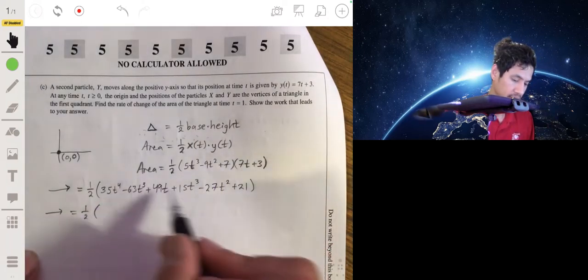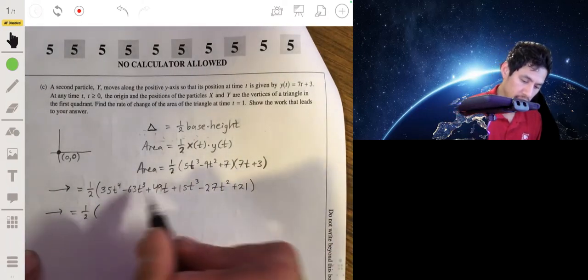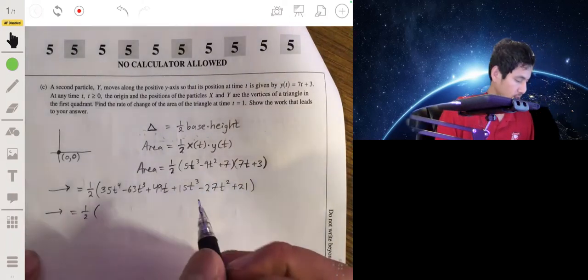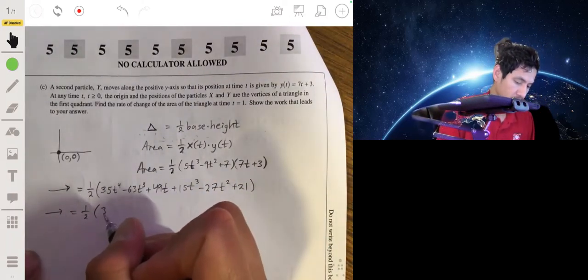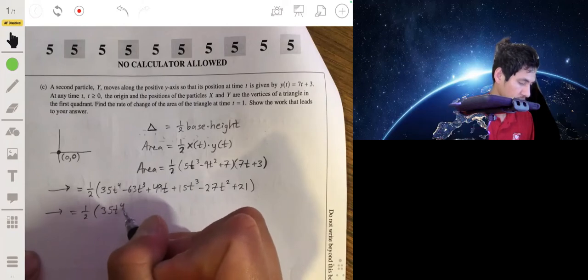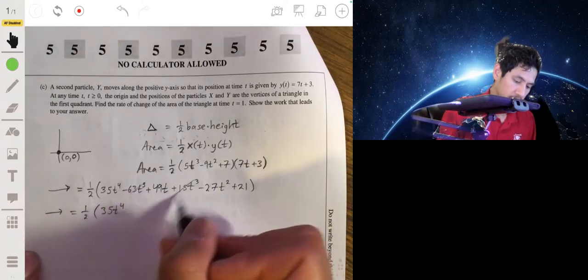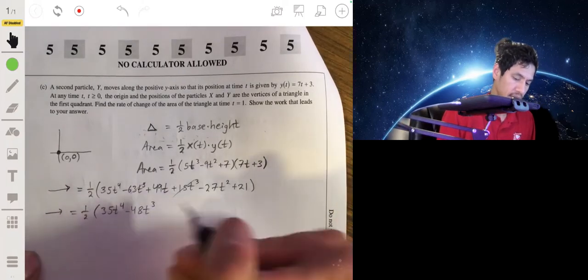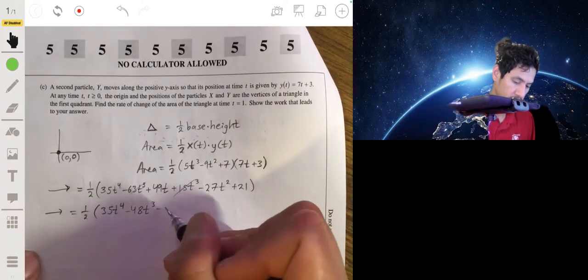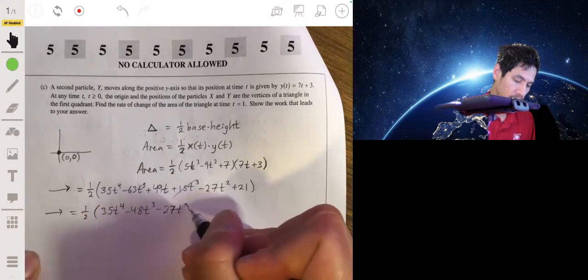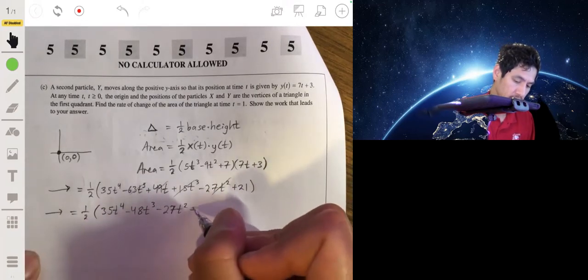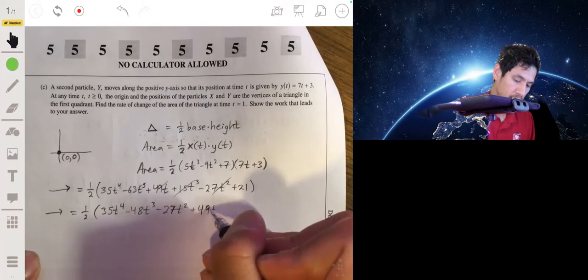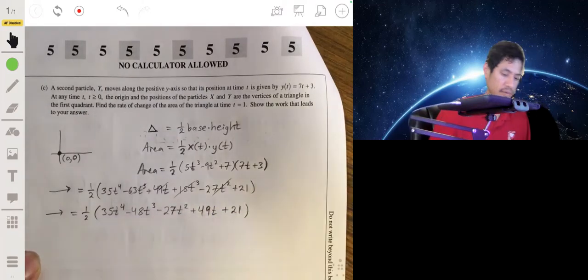Let's combine any like terms in here. So we get 35t to the 4th, minus 63 plus 15, so minus 48t cubed, minus 27t squared, plus 49t, plus 21.